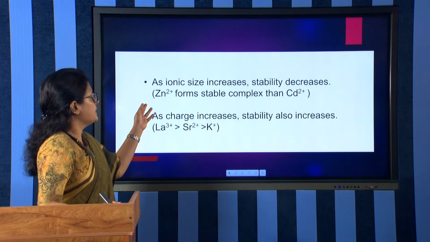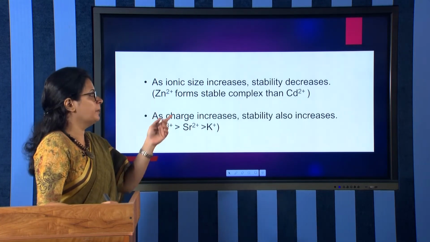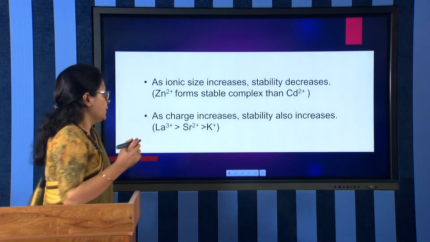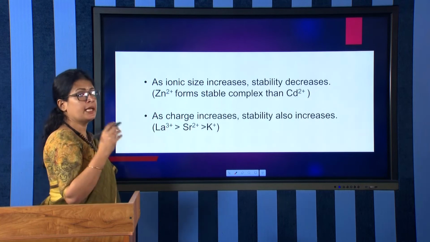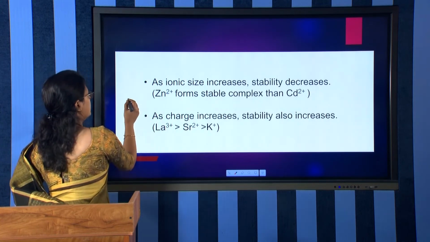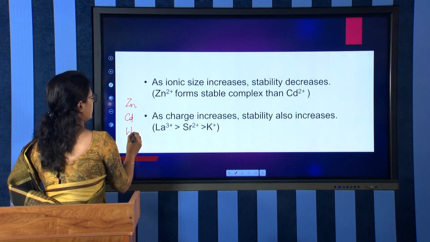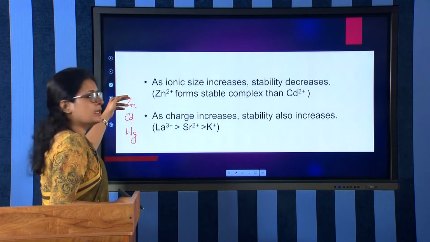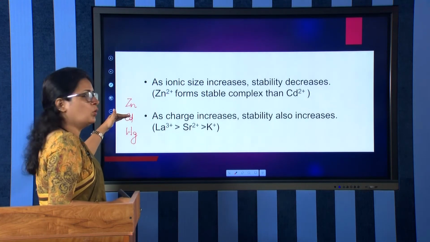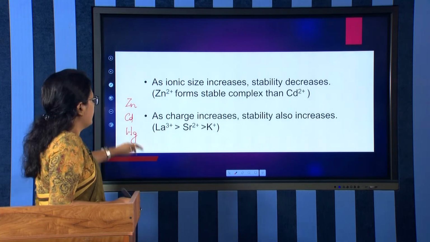For example, zinc Zn2+ forms a stable complex when compared to cadmium Cd2+. You may know the arrangement of these elements in the periodic table: zinc, cadmium, mercury. Zinc is at the topmost, coming down you have cadmium, and last you can see mercury.